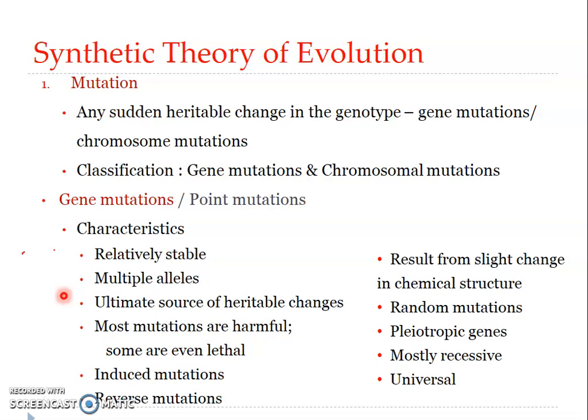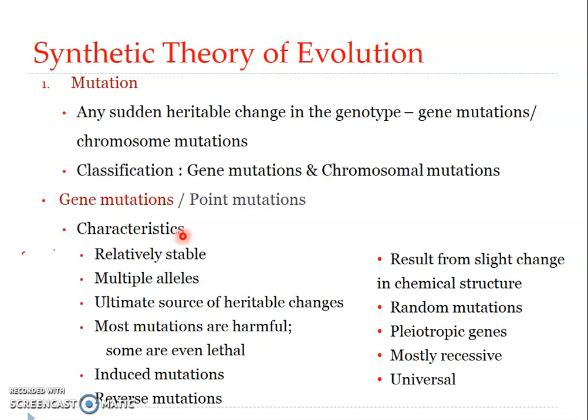These are the changes that can be considered the molecular basis for evolution. I hope it is clear. That is how gene mutations can result in evolution. Now, what are the characteristic features of gene mutations? The most important features of gene mutations are listed here. The first one is that genes are relatively stable.